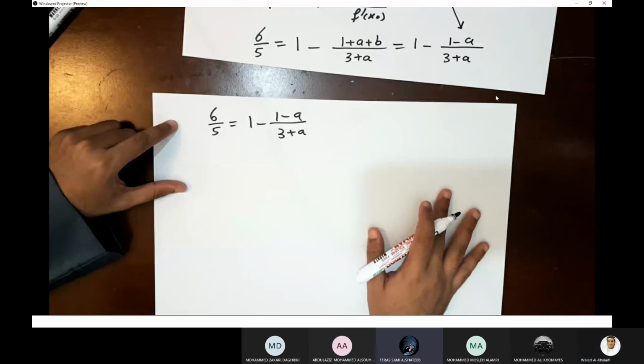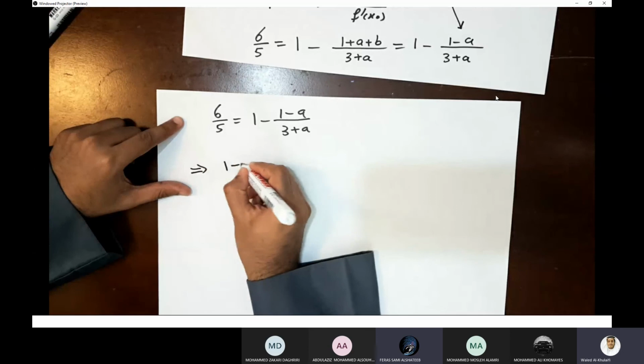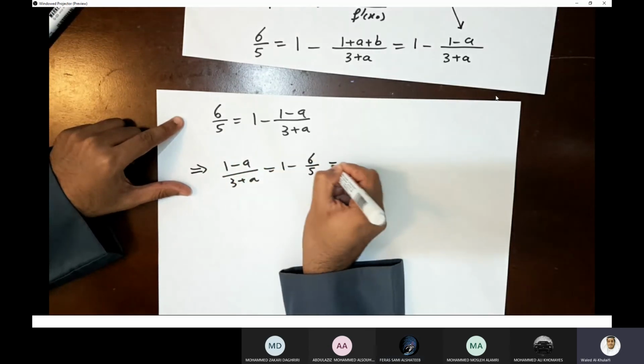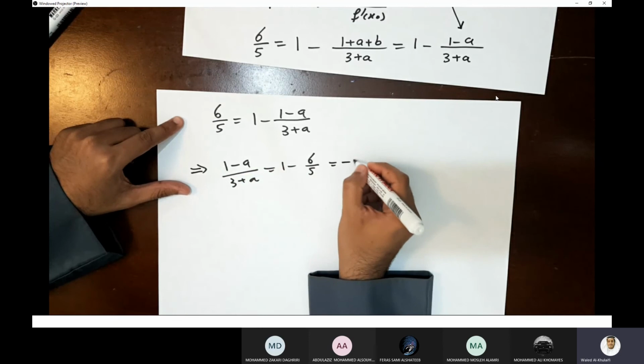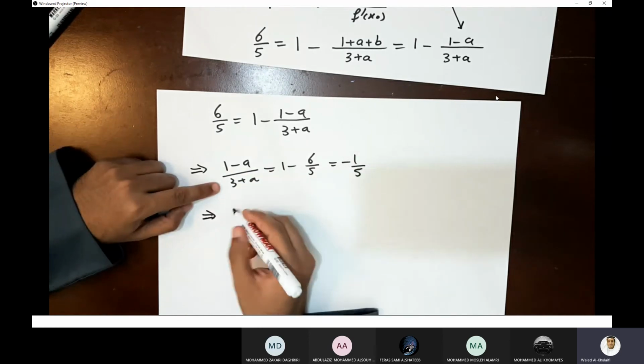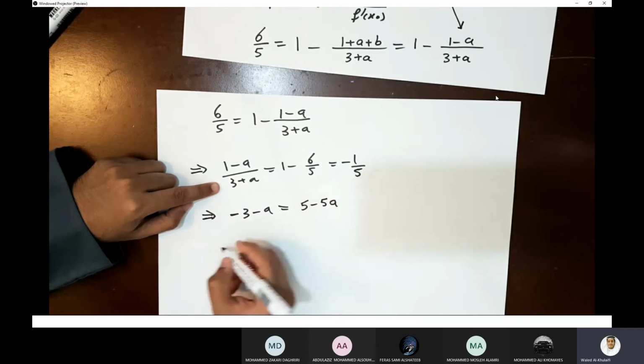Take 1 to the other side. Also, let's do it here. So it will be 1 minus a over 3 plus a equal 1 minus 6 over 5, which means minus 1 over 5. Okay, so here we're going to have minus 3 minus a equal 5 minus 5a.